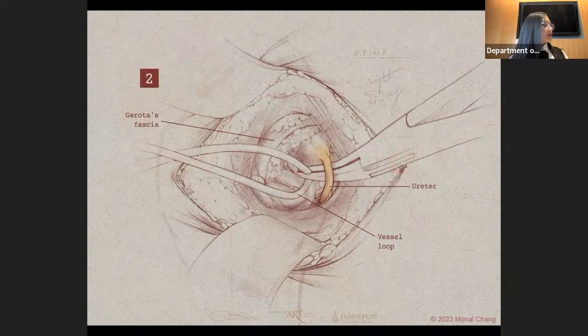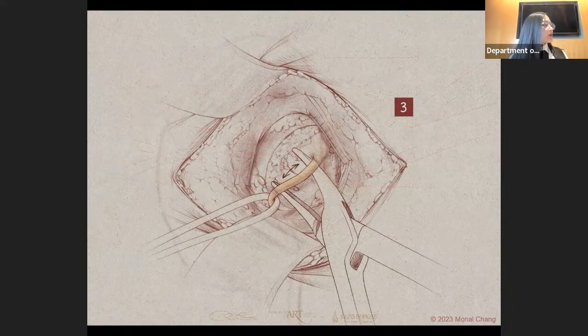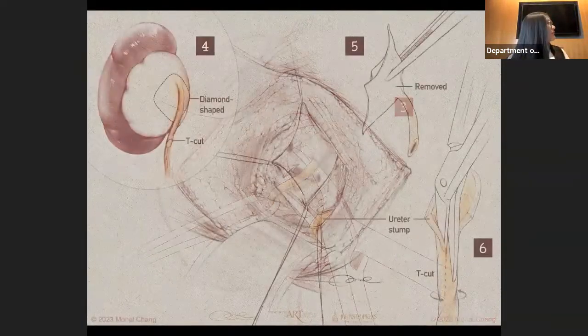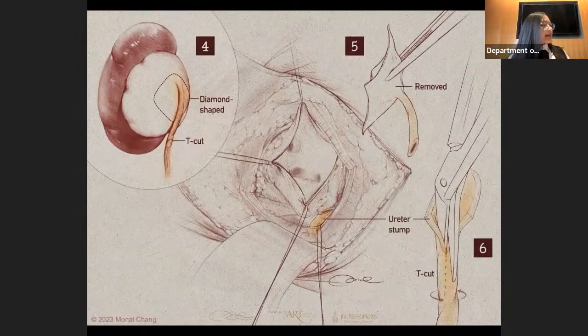After opening the Gerota's fascia, a vessel loop was used for easy manipulation of the ureter during surgery. The ureter was liberated from adhesion bands found throughout the perirenal space, potentially attributed to recurrent infections in this patient. In figure 5, a segment of the uretero-pelvic junction was removed, with incisions made on both the renal pelvis and the ureter.